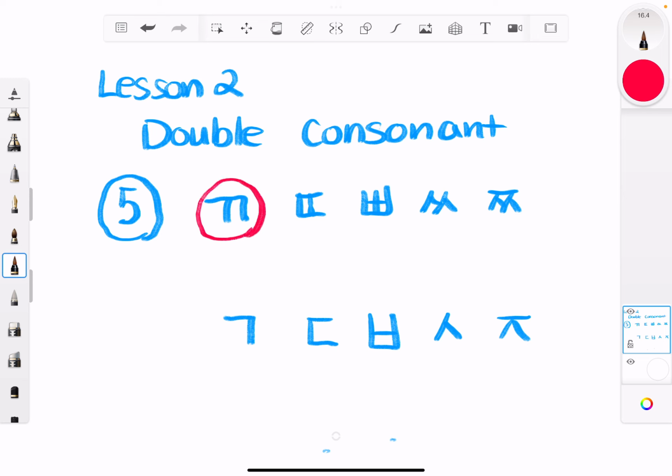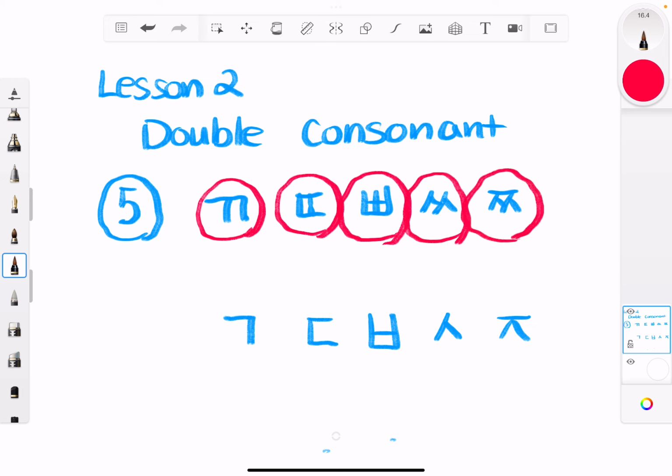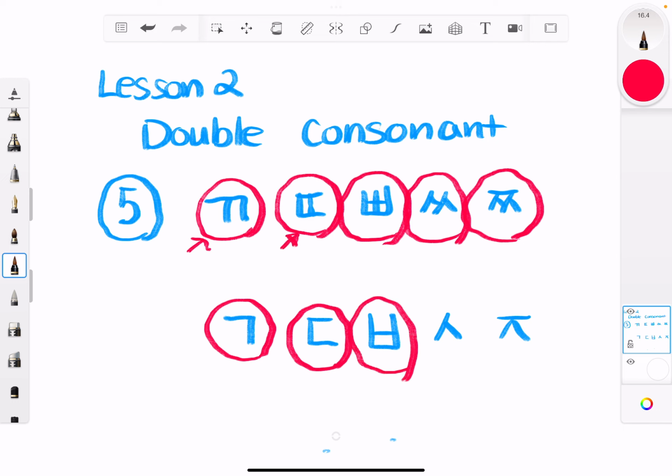G, D, B, S, and Z. So this is G, and this is G. This is D, and this is D. And this is B, and this is B. This is S, and this is S. And this is Z, this is Z. Right?